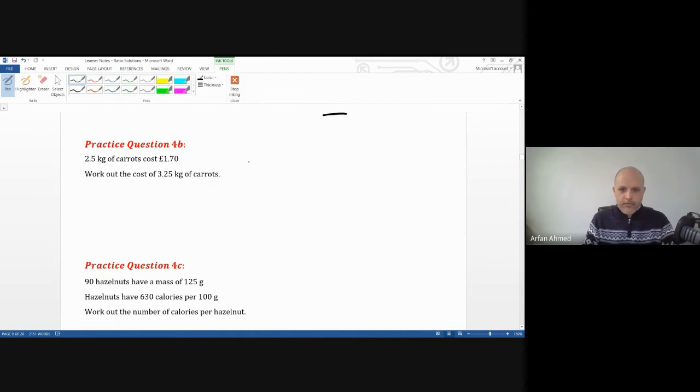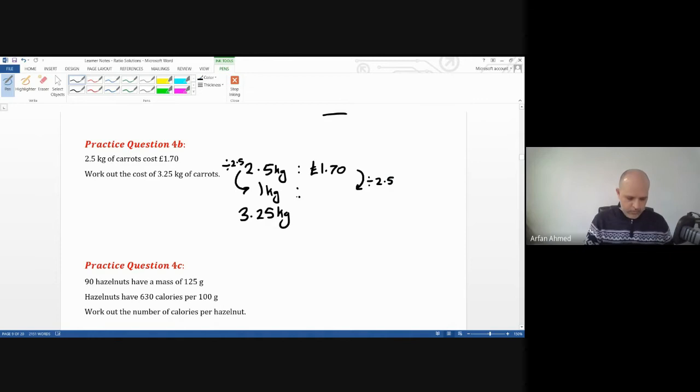Okay, well, 2.5 kg represents £1.70. We want 3.25 kilograms. Let's work out what 1 is. To go from 2.5 to 1, I'm going to have to divide by 2.5. So we're going to have to divide this by 2.5. So £1.70 divided by 2.5.